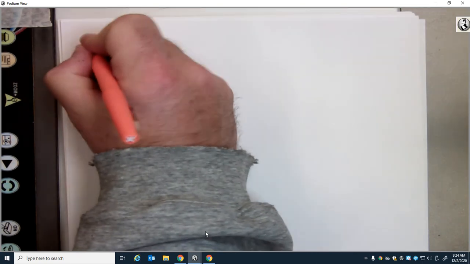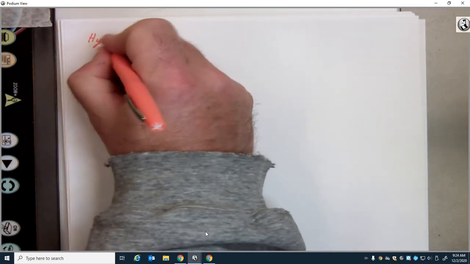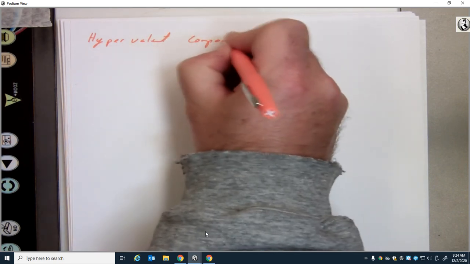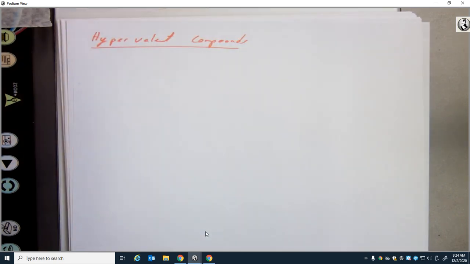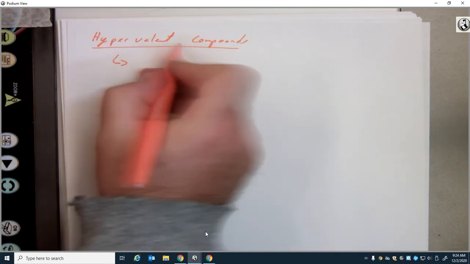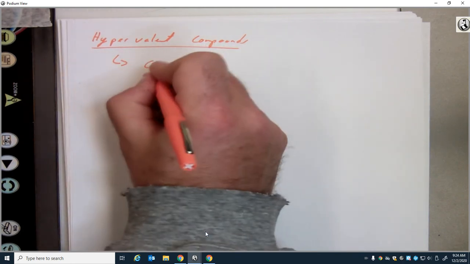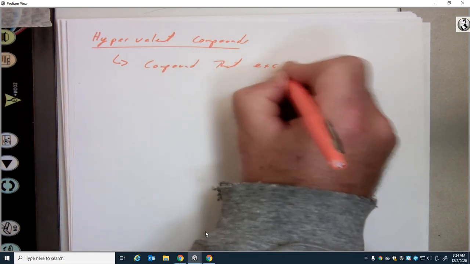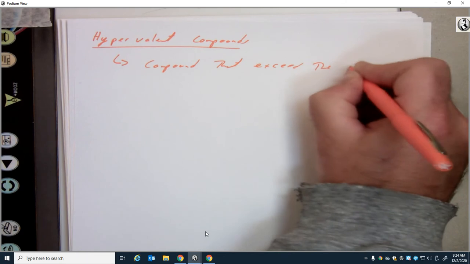Now, I want to quickly spend a little bit of time with what are called hypervalent compounds, and we know what those are. And these are hypervalent compounds, or compounds that exceed the octet rule.